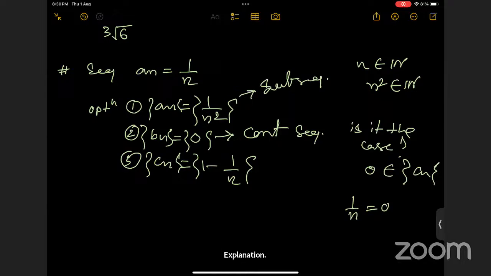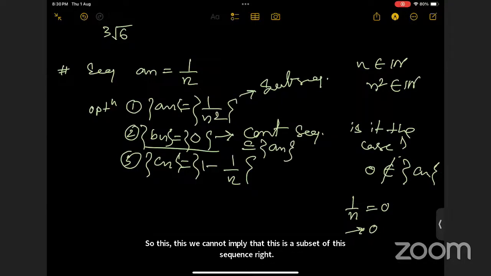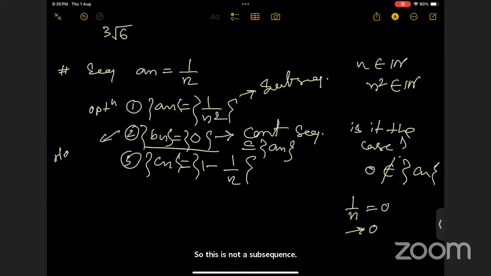No. It will tend to 0, but it will never be equal. So 0 basically doesn't belong to the set, so we cannot say that this is a subsequence. So this is not a subsequence. Fine. Yes, ma'am. What about this term?